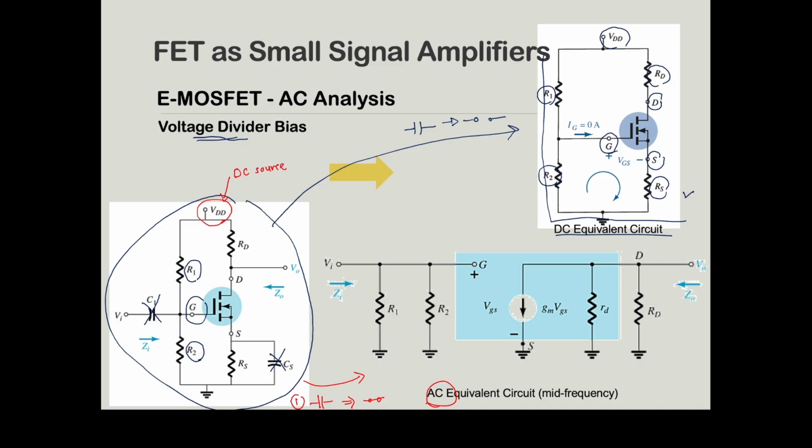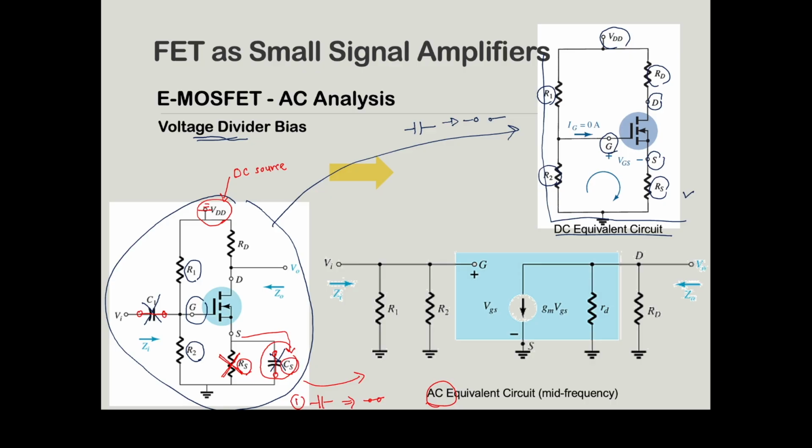So here will become ground, and here will become short circuit. If this is short circuit, what will happen to your RS? RS will be removed, meaning that no current will pass through RS. Instead, all the current will pass through this capacitor.